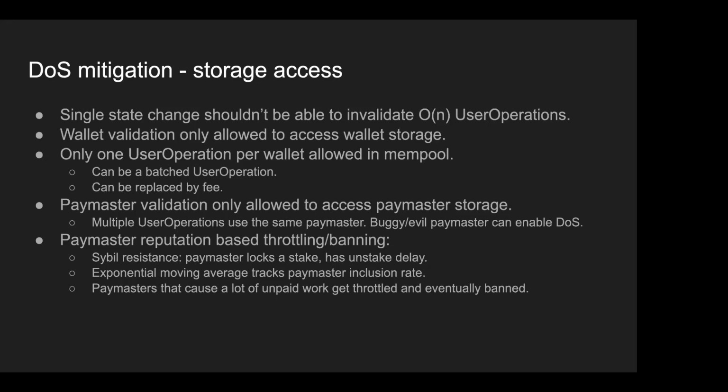And this is complemented by a rule that says only one user operation per wallet can be in the mempool at the same time. So with this limitation combined with the storage limitation, it means that the damage of the amount of work caused by a single state change is limited to one op.